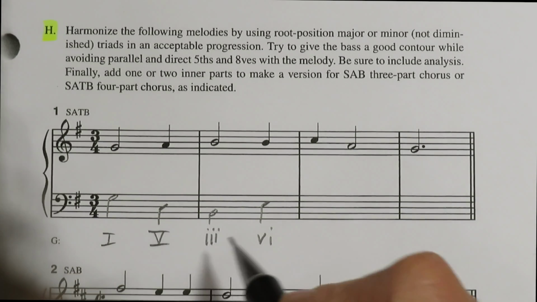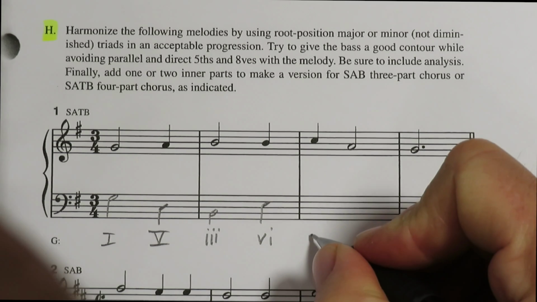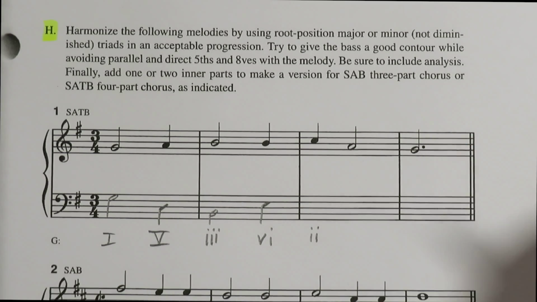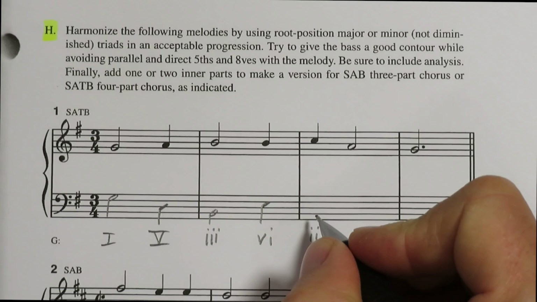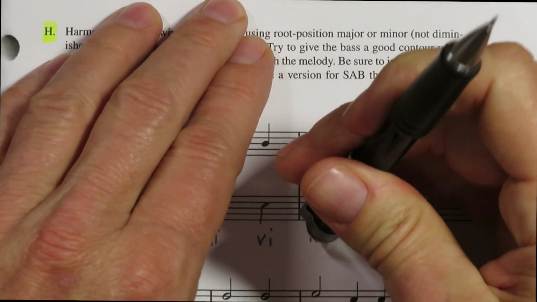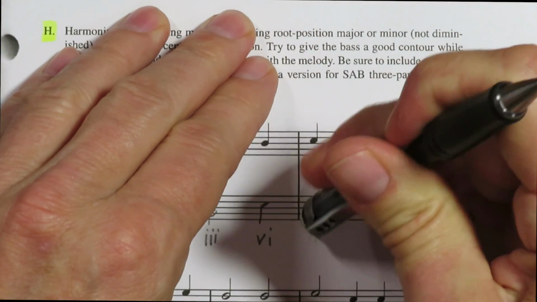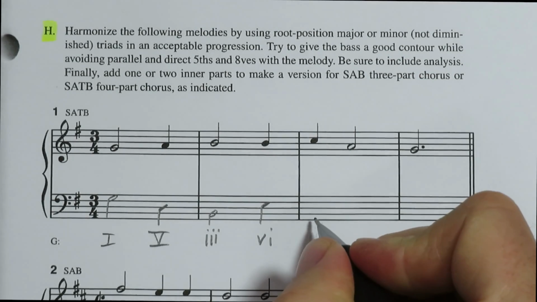Okay, so 3, 6, 2. Okay. So the 2 chord is A minor, and that will put us right here with the A.